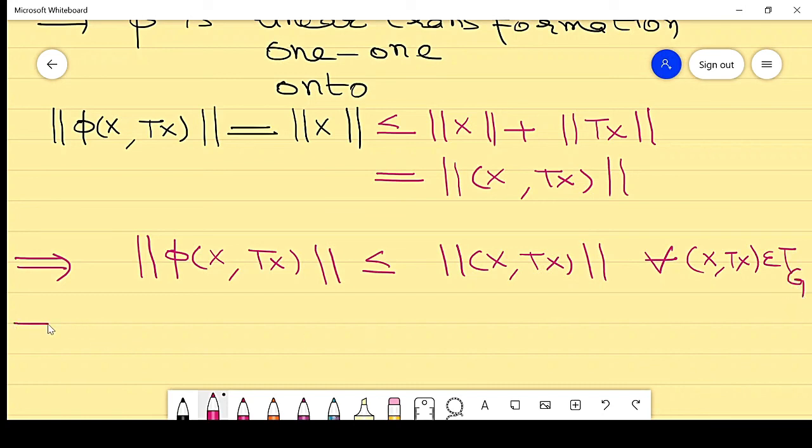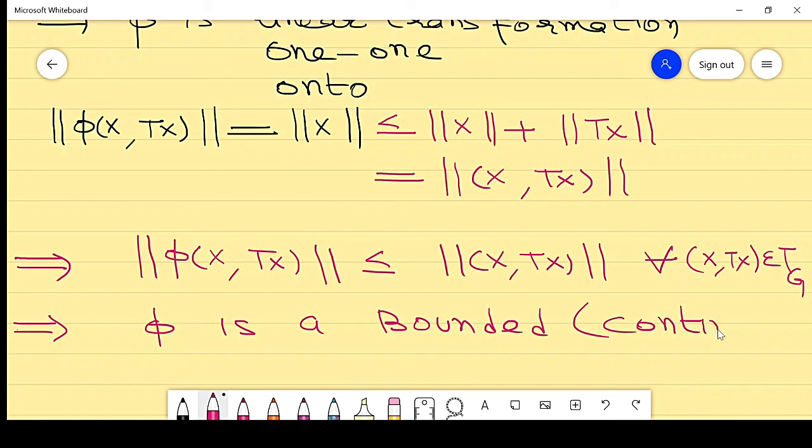So it means this phi is bounded. This phi is a bounded linear operator. Since bounded operators are continuous, it is also continuous. Also remember that it is continuous.